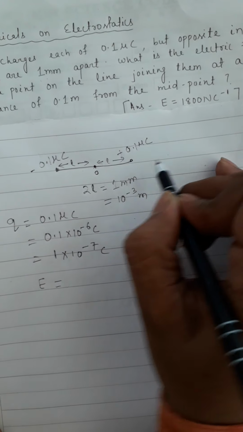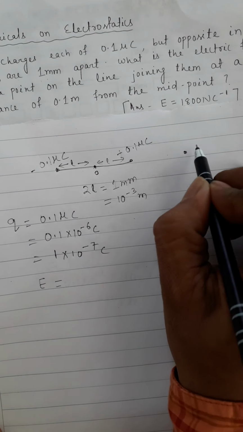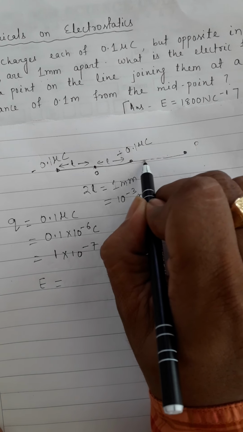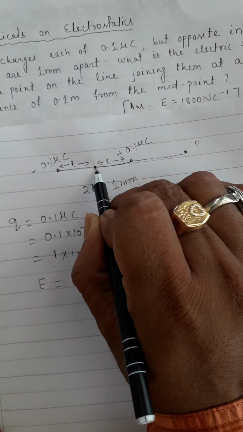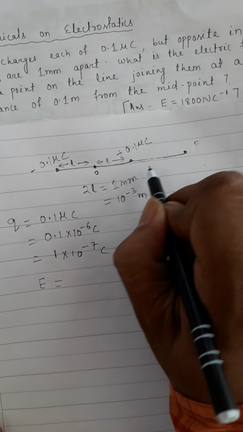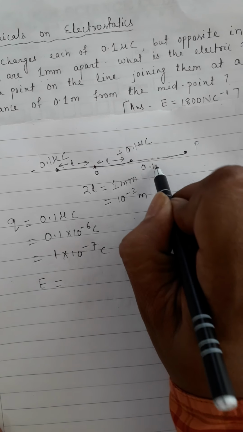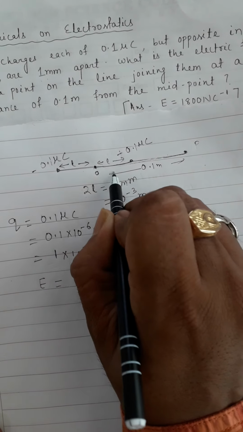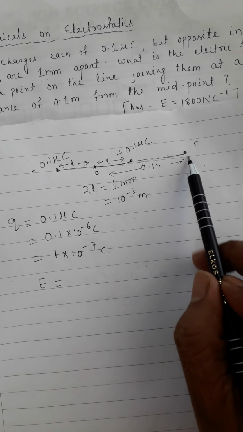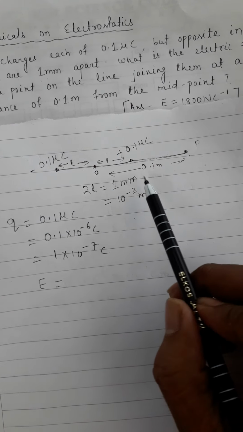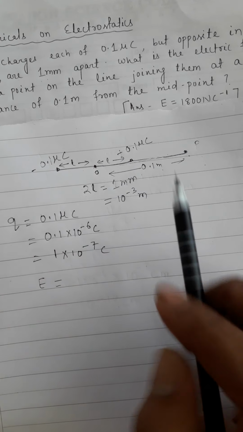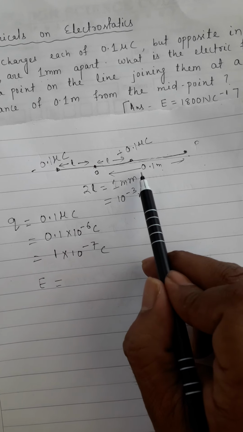This point P, where we have to calculate the electric field, is on the line of the dipole. So this is the axial line, and the distance is 0.1 meter. Since it is in the SI system, there is no need to convert this distance.